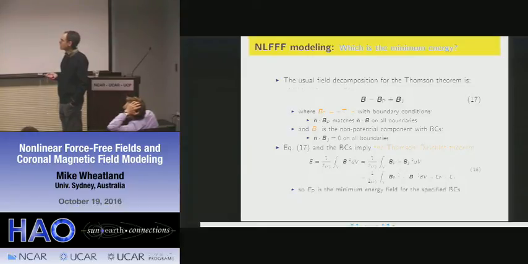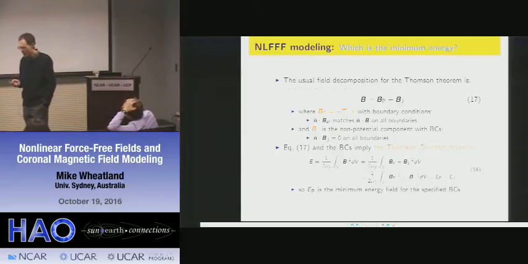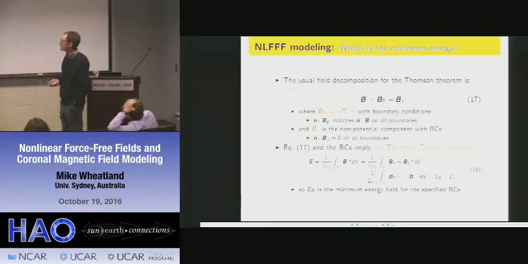But now, with the usual way this theorem's set up, the boundary conditions for your potential field are different. The assumption is that your potential field has a normal component matching the total field on all boundaries, top and bottom, and also the side boundaries. Okay. And for this current carrying component, its normal component is 0 on all boundaries. So those are the usual assumptions, and subject to those, the Thompson theorem follows.